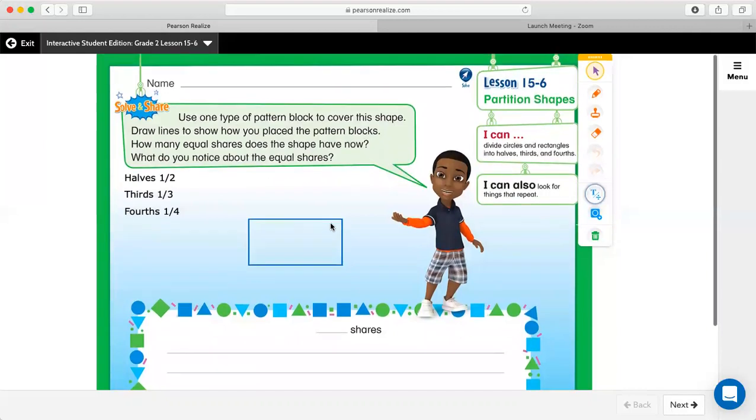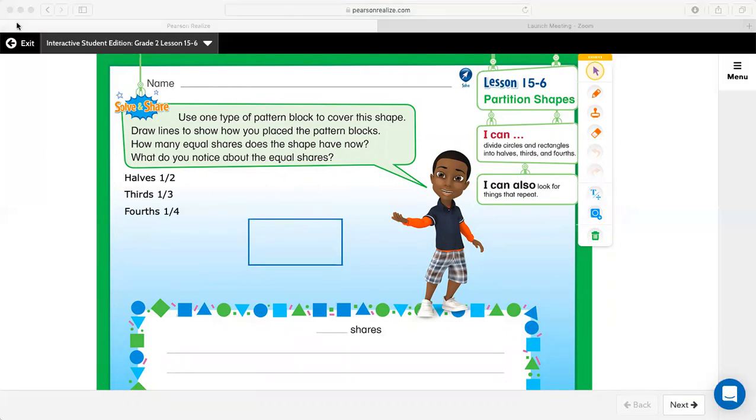And so what we're going to do today for this first solve and share problem is that we are going to use pattern blocks that we're going to grab here from the screen to cover the shape. And we're going to see how many shapes we can cover here on this rectangle.